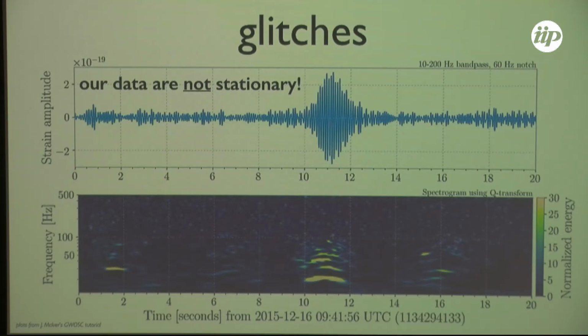And you can visualize that with a spectrogram and see that you have basically just the Gaussian noise floor, and then all of a sudden this is like an instability in the system, and then it goes away. So these are bad because if you look for signals that are very short, it depends on what the morphology is, whether it would mess up your search or not. But you have to be aware.